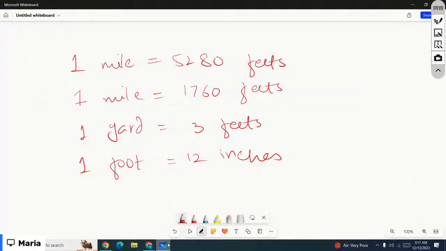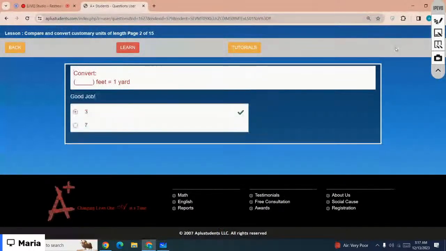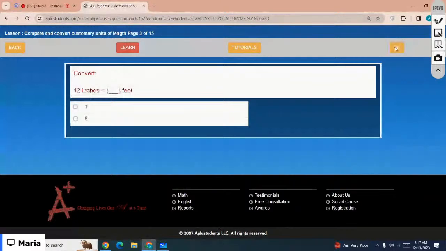So the correct option is 3 feet. 12 inches equal how many feet? Twelve inches equal 1 foot. The correct option is 1.